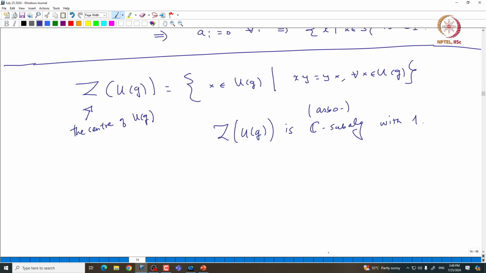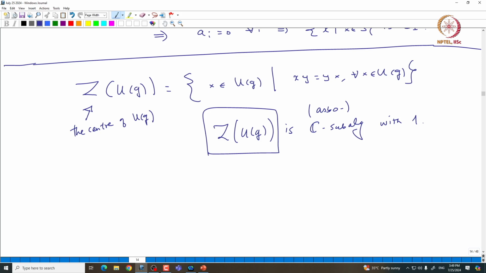That just follows from Schur's lemma, but then we need some guarantee that the center is always non-trivial. That is why we need the construction of these Casimir elements, to ensure that this center is indeed non-trivial.